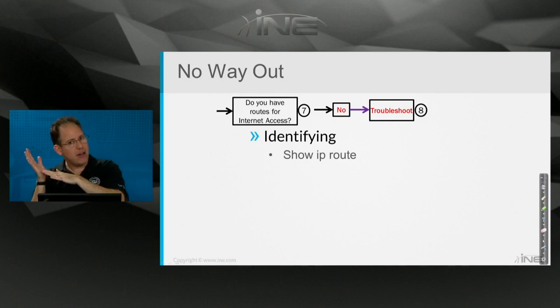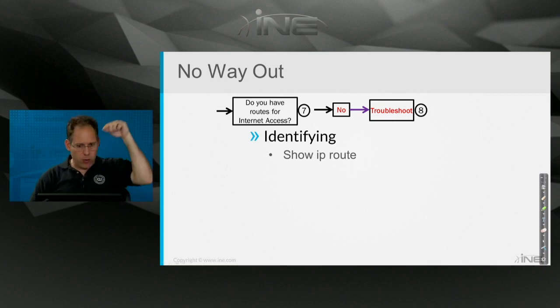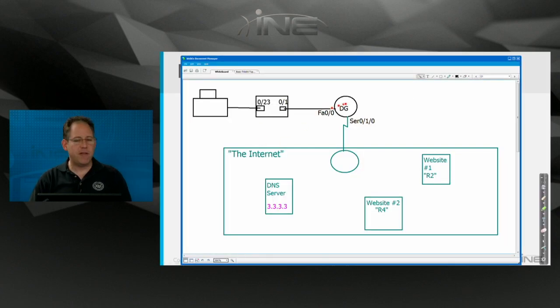But most routers fall into the second category, which is that they say, all right, well, I've only got one way out. I've got this one interface. Let's look at the whiteboard here for a second. So in my particular case, this default gateway has one interface leading downstream to the employees, which is FastEthernet 0/0, and one other interface leading upstream to the ISP, which is Serial 0/1/0.